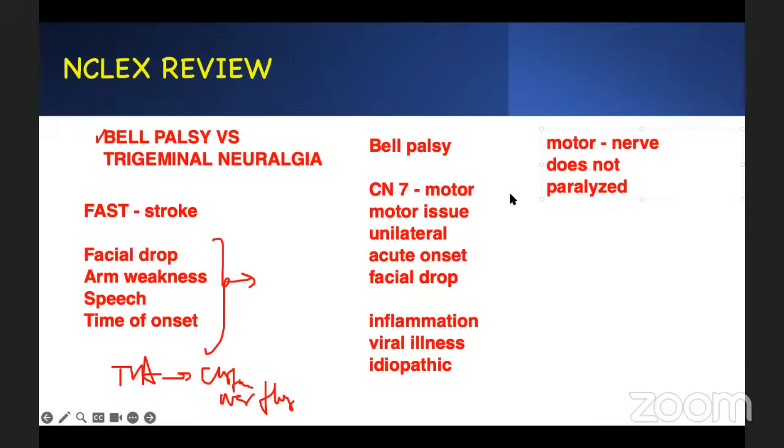If I draw the face like that, this is the mouth, these are your eyes, and your eyelid is here. The facial nerve controls your eyes, the muscle that closes your eyelid. Your mouth also, and your smile, all the muscles of your face.